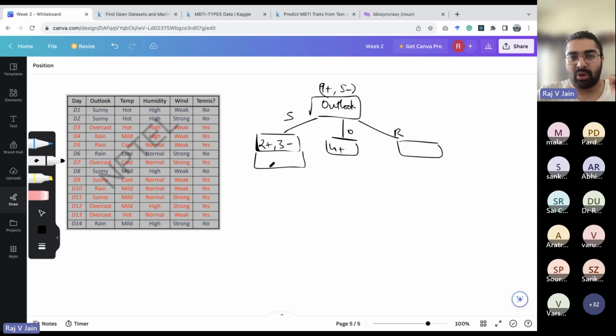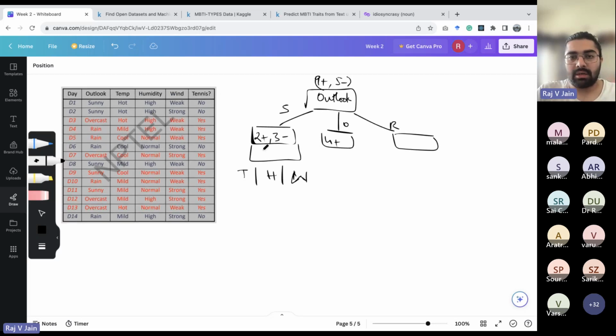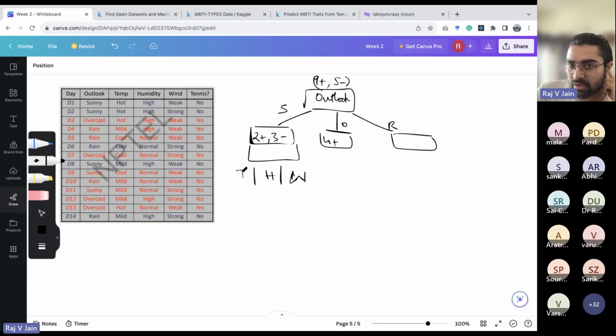So now the possible choices are either temperature, humidity, or wind. Correct? Now what do I do is I check whether temperature is the best value to choose. So how do I go about doing it? I say that this particular node I will now split on temperature.